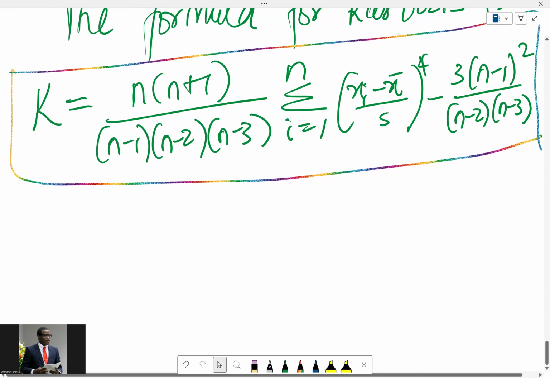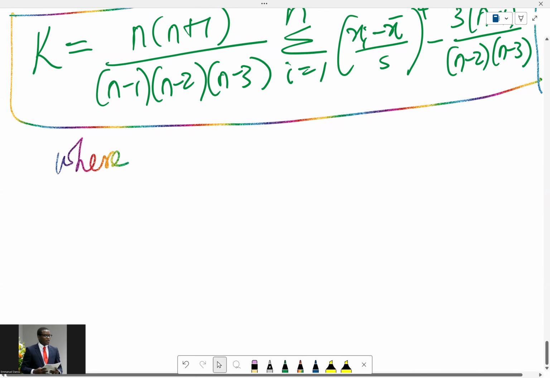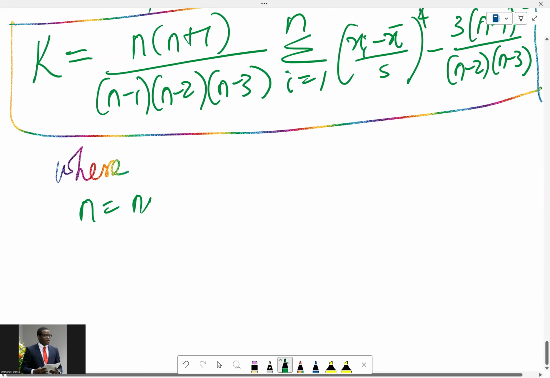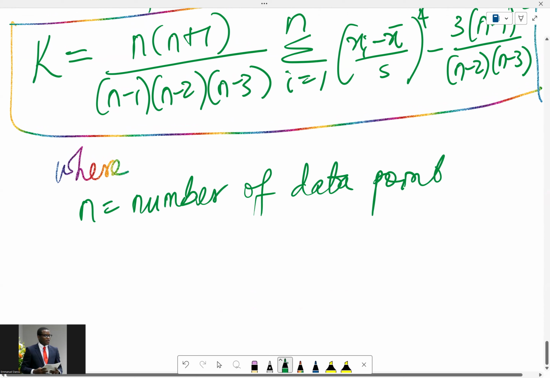Of course, what do the values mean? We have n, which is the number of data points. Then you have xi, which is each individual point.